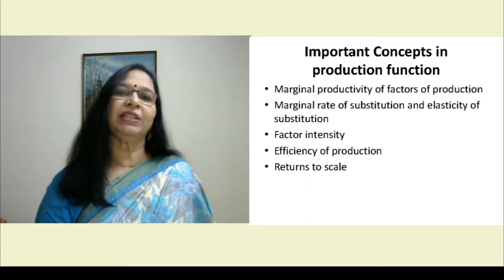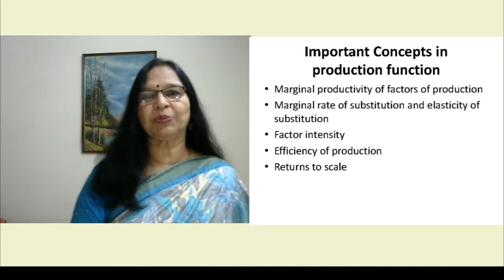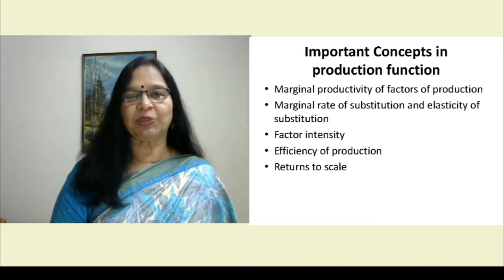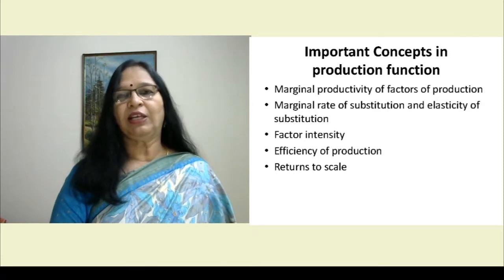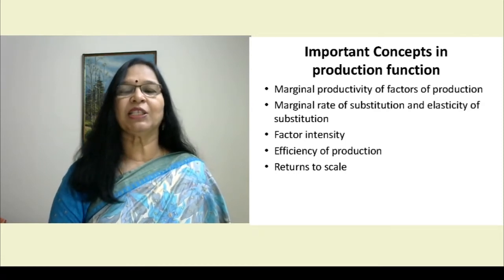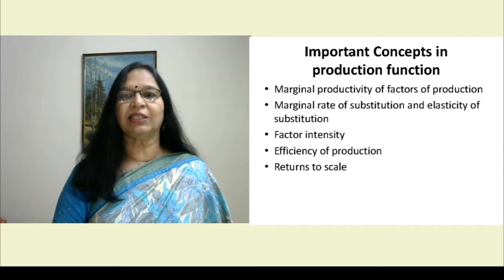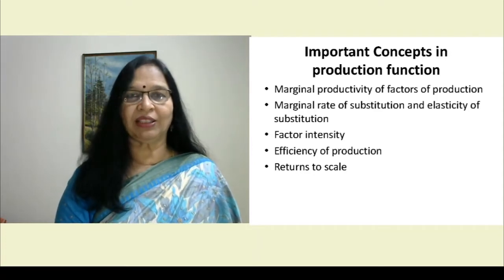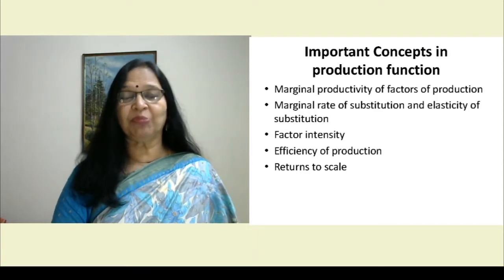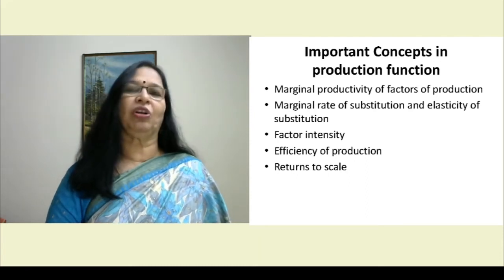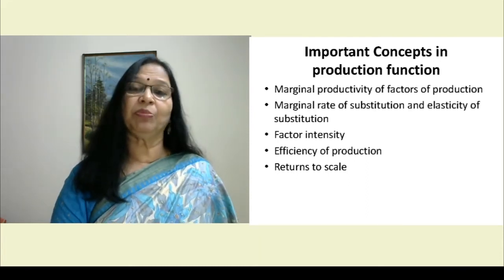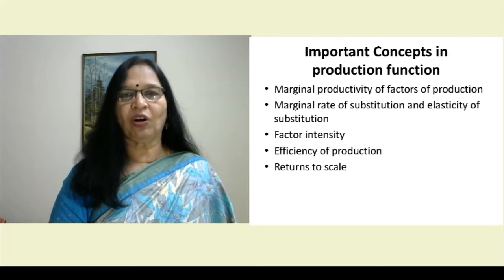So at the point when you want to substitute, at which level will the substitution take place, and what is the concept of elasticity of substitution, as well as what is called factor intensity. Then you also have another concept as efficiency in production, and also returns to scale. These are some of the very important concepts that arise in production, besides of course the theory of costs.